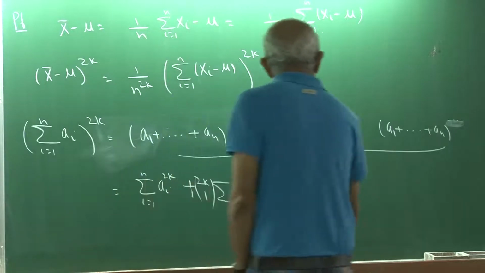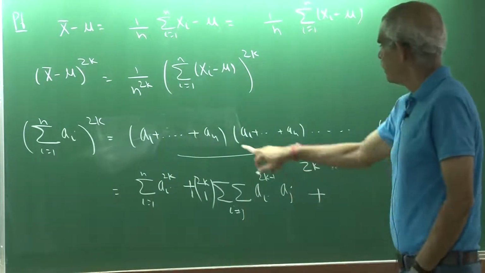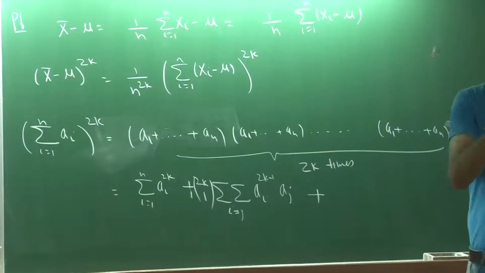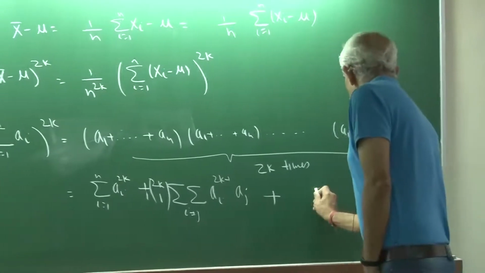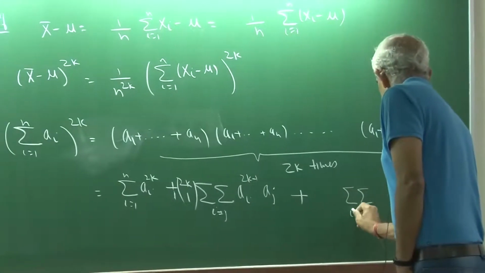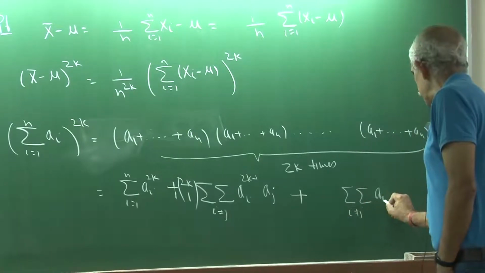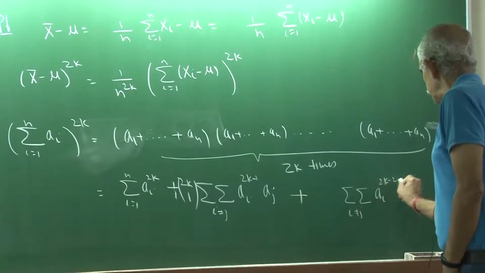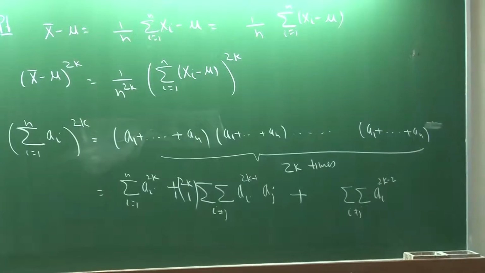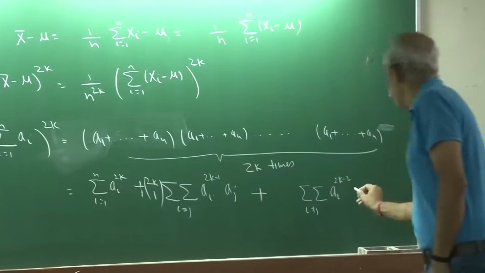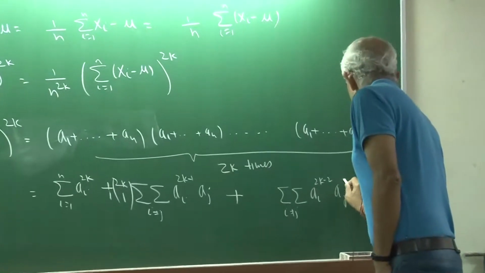Then terms could be such that from 2k minus 2 the same term is coming, and from the remaining 2 the same is coming. So it could be aj square.